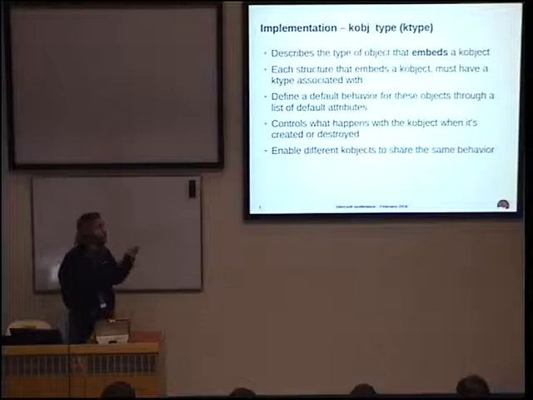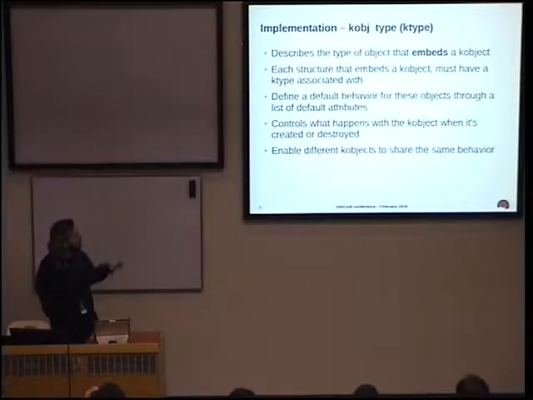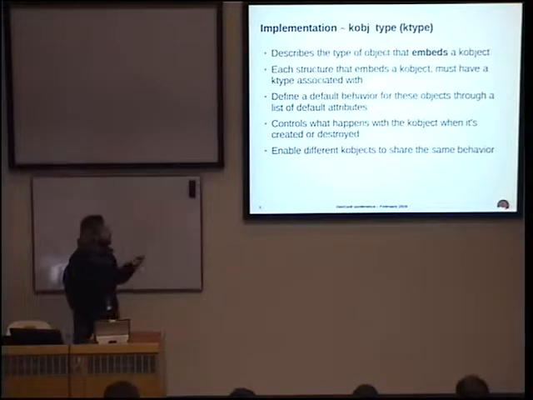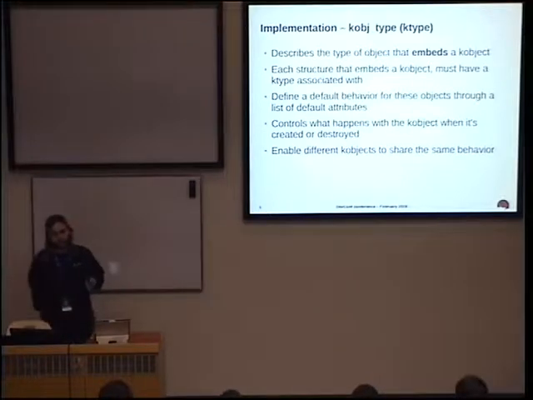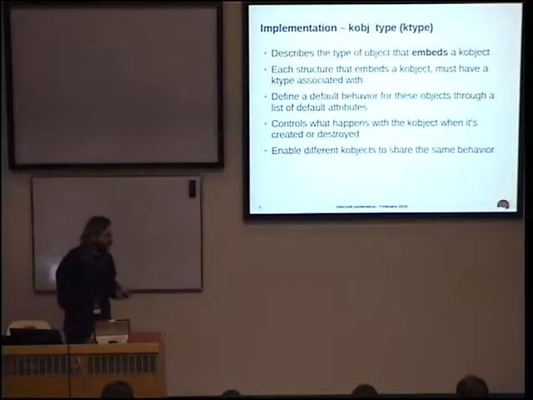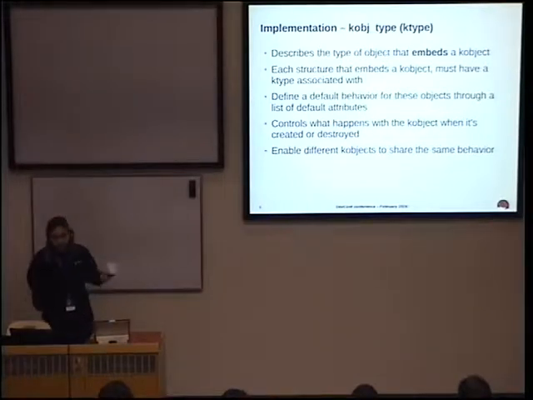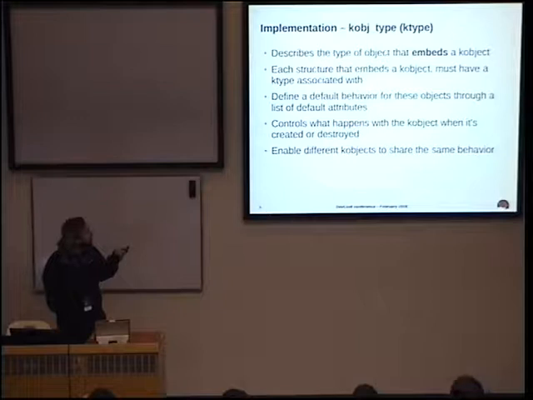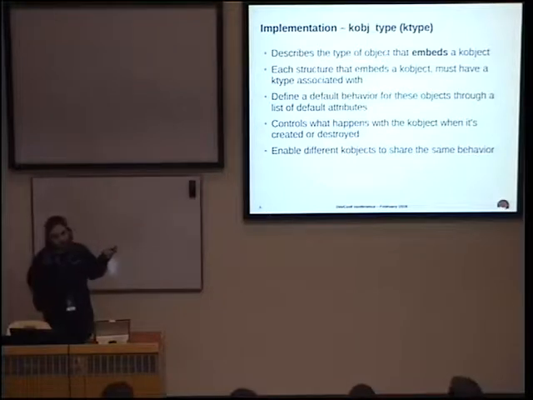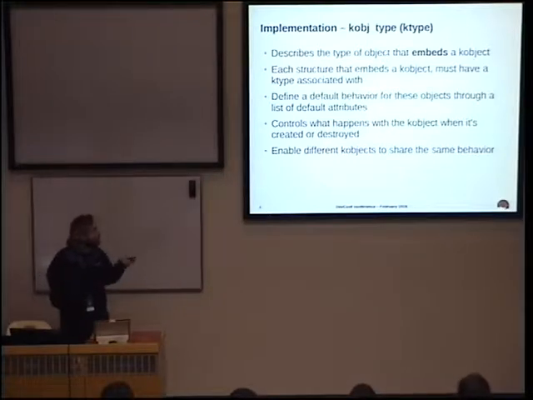The character device has a structure cdev, and the structure cdev has a KObject inside it, and the structure cdev has a KObject type structure describing what exactly a character device is. Each structure must have a KObject type associated with it; you cannot have an object without a KType associated.